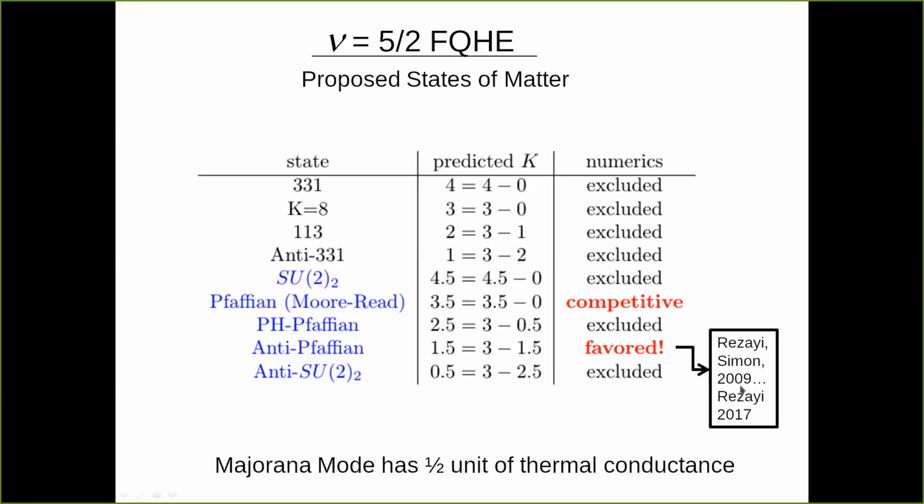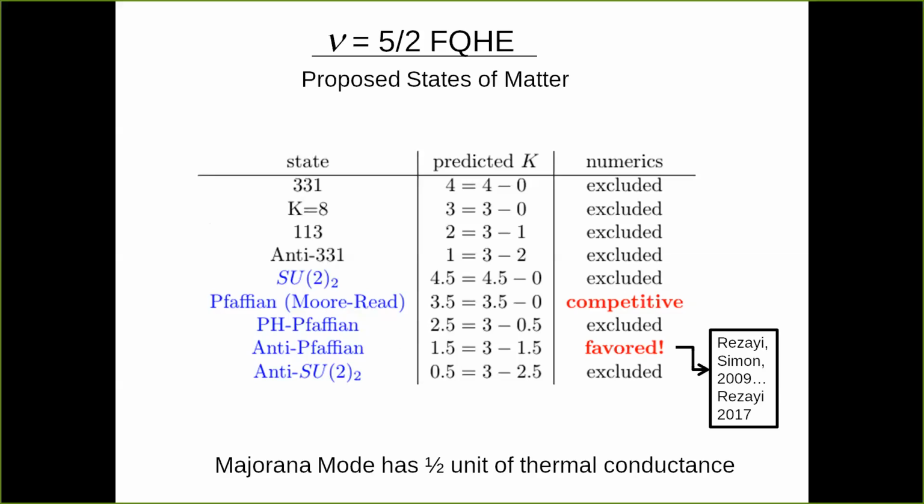And then Ed Rezayi and myself, starting in 2009, started to try to add back in the very weak particle-hole symmetry breaking terms that would distinguish between the Pfaffian and the Anti-Pfaffian in the experiment. And in 2009, we found that the Anti-Pfaffian was favored. And then there was a series of papers by some other authors claiming the opposite result, that the Pfaffian should be favored. And to be honest, I couldn't figure out why it was that certain ways of addressing the problem got one answer, and certain ways got another answer.